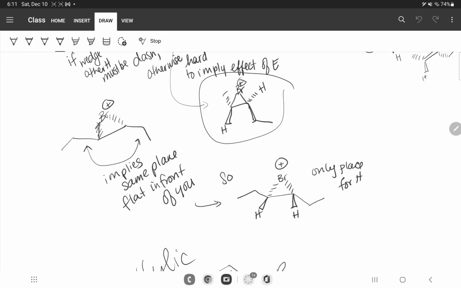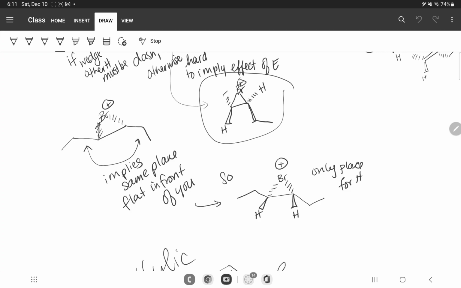And so when we draw single lines for just the regular single bonds, even though I'm drawing them implying that they're opposite to each other, we're also implying that they're sort of in the same plane-ish. But here's the problem. When I draw it like that, my two hydrogens also have to have an orientation. So my bromine is already taking the dash away.